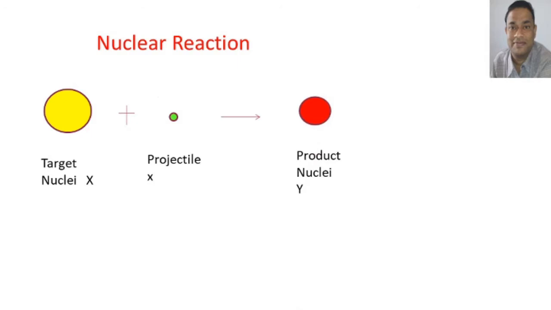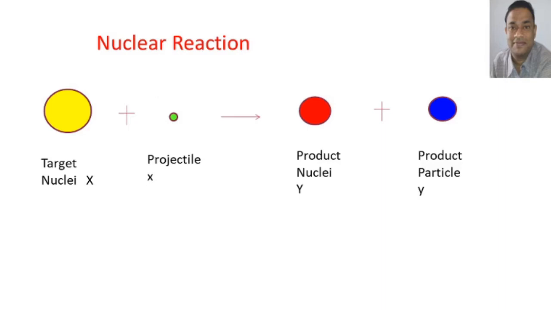When a projectile having large energy is incident on a target nuclei which is at rest, then as a product we get a product nuclei denoted by capital Y and the product particle denoted by small y. Remember that the target nuclei is having a large mass.